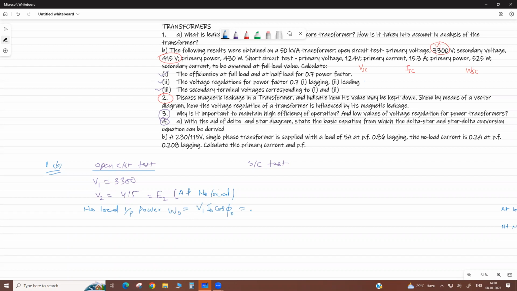This equals iron or core loss. Okay, no load input power. So from open circuit test, we measure the no load or core loss, it is core loss means iron loss. How much it gives? Power is given 430 watt, or you can write 443 kilowatt. Okay.